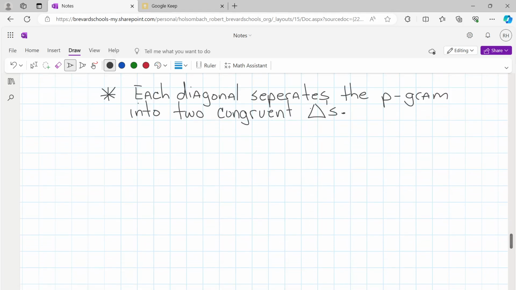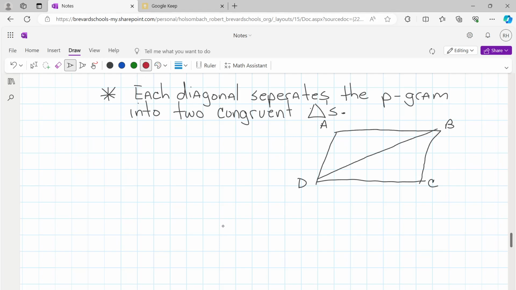So back to this same diagram, if we've got this parallelogram A, B, C, D, and we add a diagonal. So if we add in DB, all right, and we're going to apply some of the rules that we've written down.